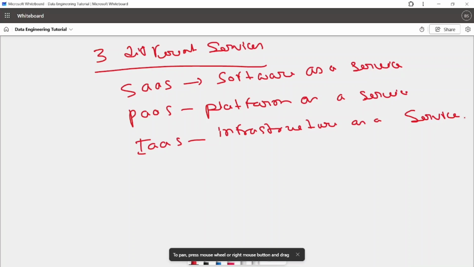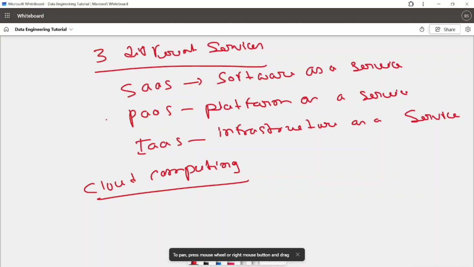Just remember this. In an interview they may ask, what is cloud computing? The process of taking required services from a cloud provider is known as cloud computing.